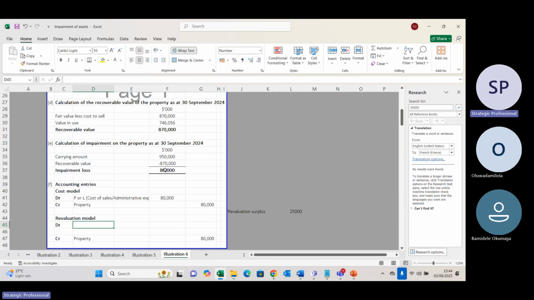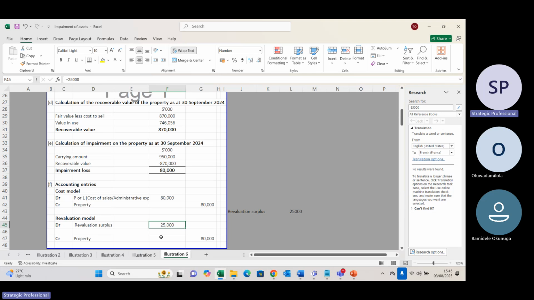The first thing you will do is take it to the revaluation surplus account up to the extent of that value. The impairment loss is 80, but what is in revaluation surplus is 25. So it's 25,000, because you cannot debit the whole 80 to revaluation surplus. That will be excess.